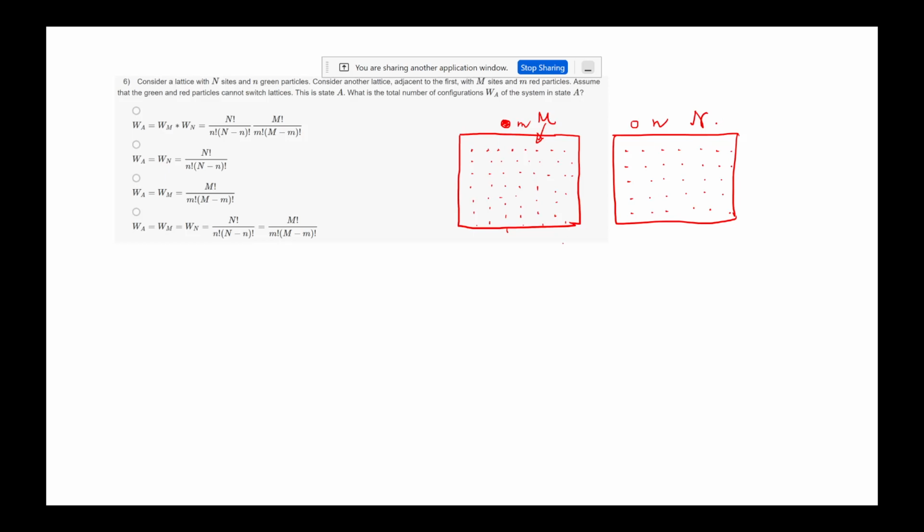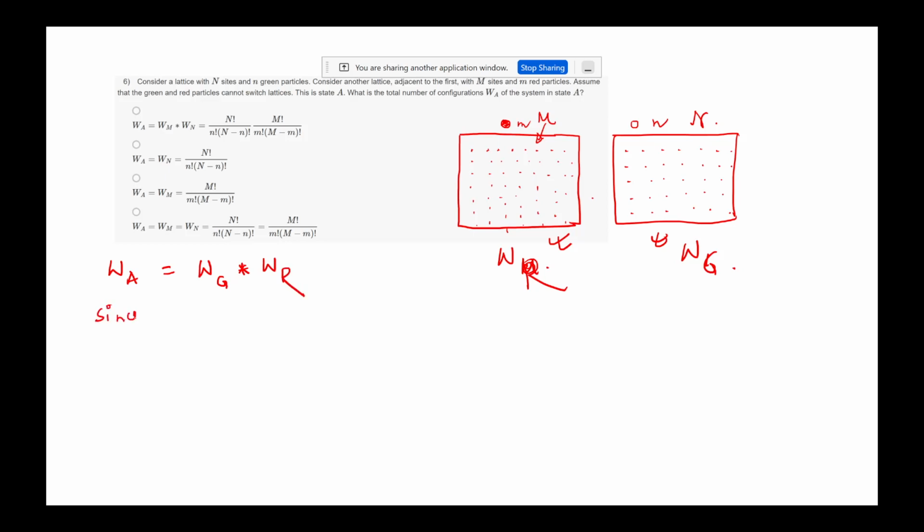So this lattice and this lattice do not talk to each other. So we will calculate the total microstates for this side and the total microstates for the other, let's say this is red and this is green, and the total microstates WA will be WG times WR.